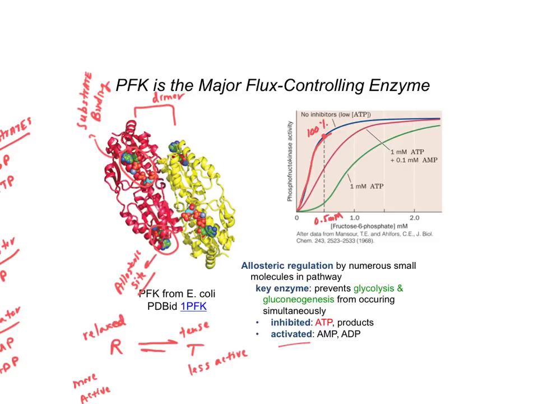So in the absence of everything, very active at this concentration. If we add 1 millimolar of ATP, what happens to the overall activity at this 0.5 millimolar concentration? It decreases a lot, right? So this ends up being about 15%. That shows you that the presence of ATP dramatically inhibits this reaction.